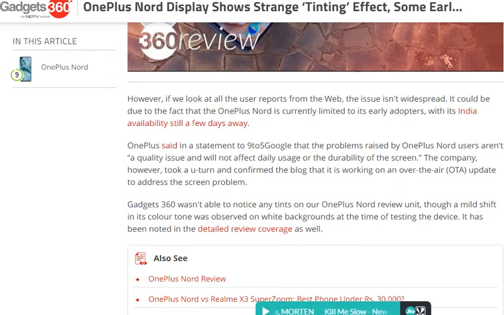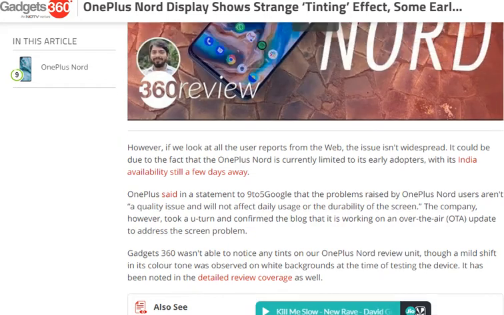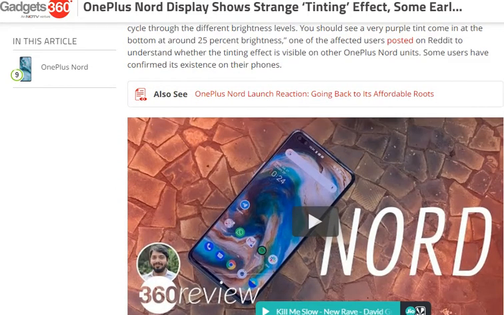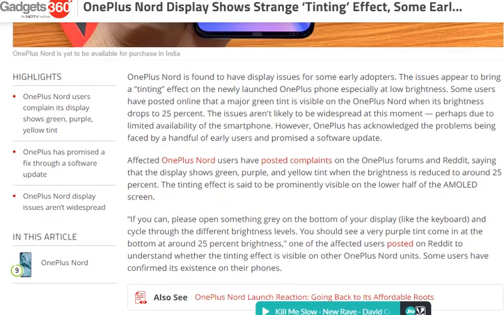The OnePlus 8 Pro had many issues, like the green tint, hole punch banding, and even black crush. These companies should put effort into resolving these issues at the manufacturing level itself, before it comes to the market, so that people do not have to take their phones for replacement or face all these hassles.